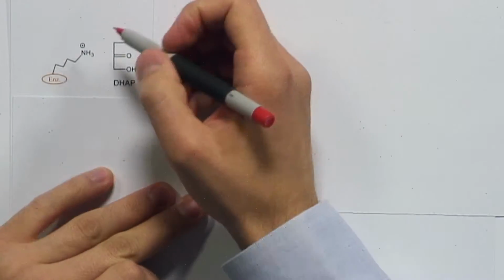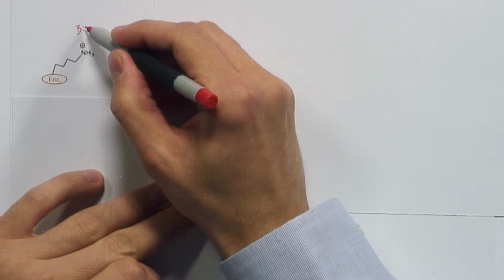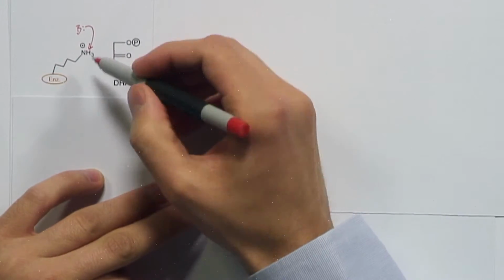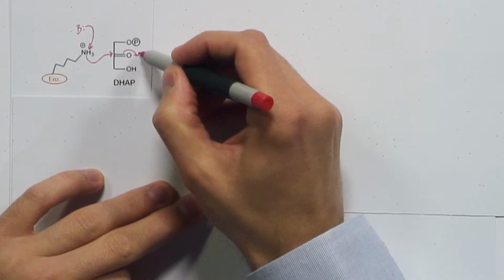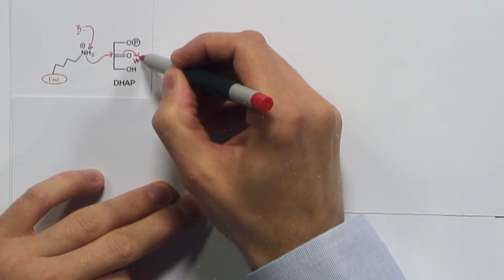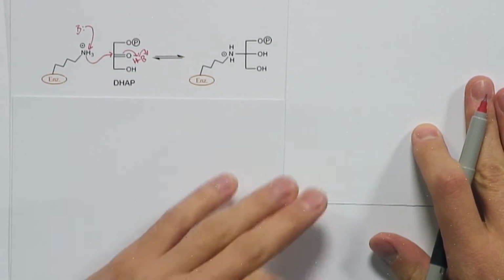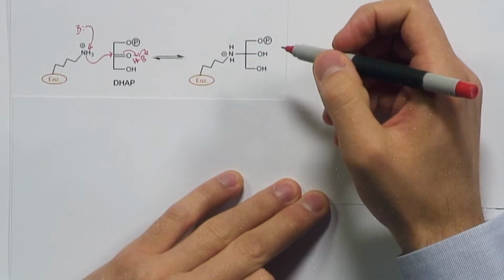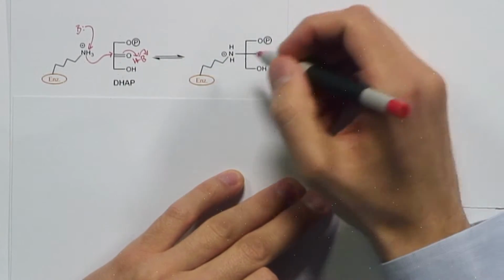As you can imagine, the reaction is going to be catalyzed by a general base, which is going to remove one of the protons from the lysine, which then becomes a good nucleophile and can attack the carbonyl, which will be protonated by a general acid. So this way you obtain an intermediate, as shown here, which can then lose the water molecule to form the Schiff base.